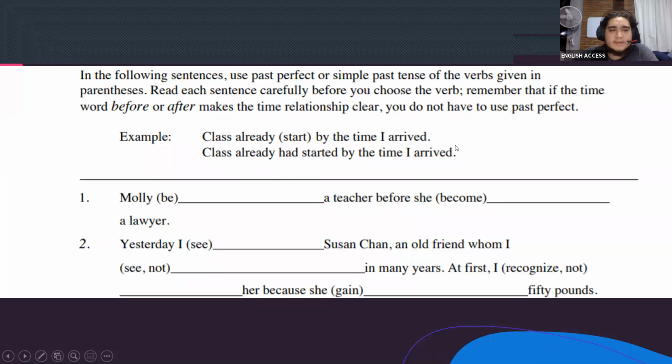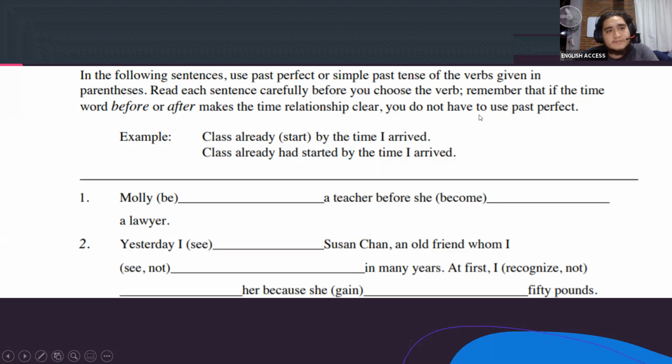Now we have the expression here, "by the time I arrived." Remember I told you that we use "by the time" for the future perfect. However, it can be used for the past perfect as well, to give the information that something happened before something else in the past.